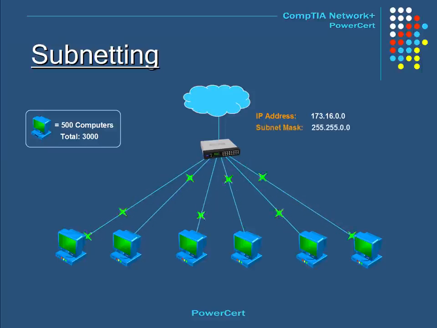So as you know from a previous lesson, a Class B IP address will allow you approximately 65,000 IPs for all your computers. Now you could put all of your employees in one large network, and if you had a small business, then this would be fine. But if you had a fairly large business with, for example, 3,000 computers, then this could be a problem because of traffic issues caused by so many broadcasts.